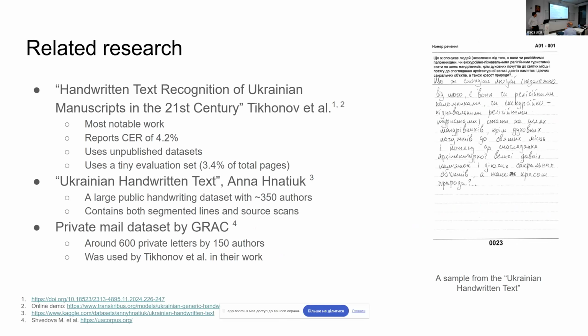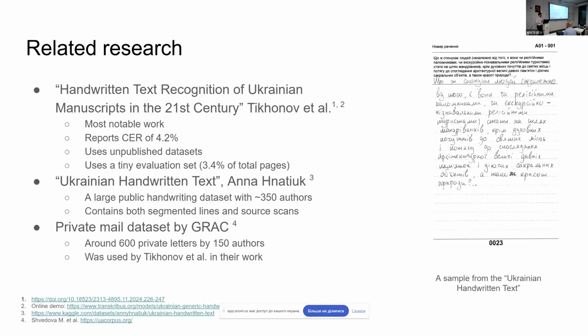Related research is scarce for Ukrainian OCR. The most notable work is handwritten text recognition of Ukrainian manuscripts in the 21st century. It is the most notable work, but it has some problems. It uses an unpublished dataset. It also doesn't provide a model which can be tested.